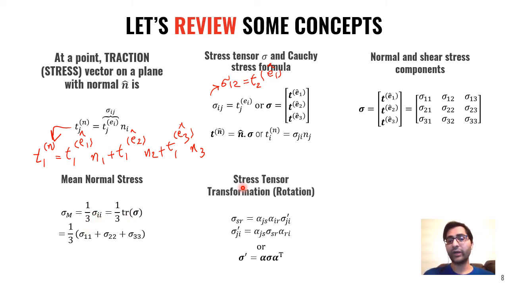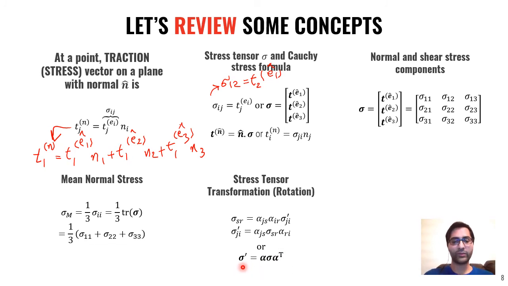We can transform or rotate a stress tensor. So, for example, if the reference frame that we define the stress tensor inside rotates, the stress tensor rotates according to this rule.